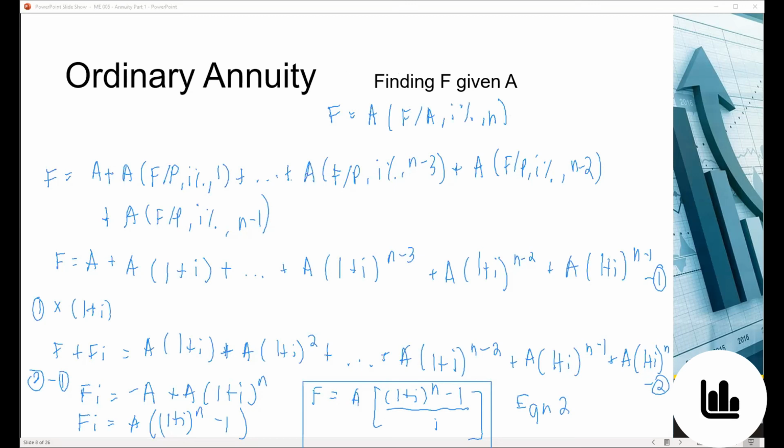So this factor that we multiplied with A, we will call this the uniform series compound amount factor. Ito tong minultiply natin to. Okay? Sorry, save pala natin.